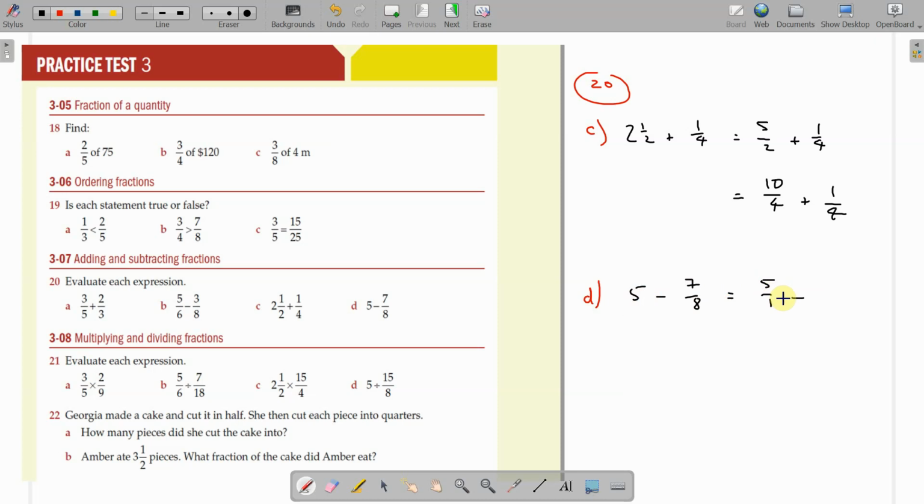So the whole number becomes a fraction, and 7 over 8. And we need the same denominator. And since 1 goes into 8, we can make them over 8. That stays. That's increased by a factor of 8, so that must be as well. 8 times 5 is 40.